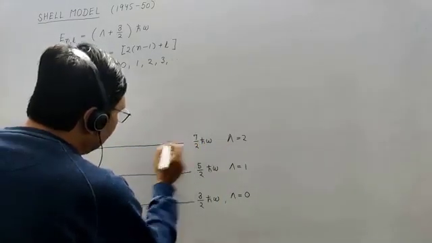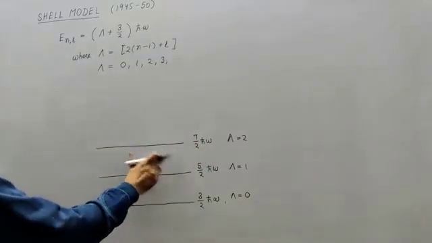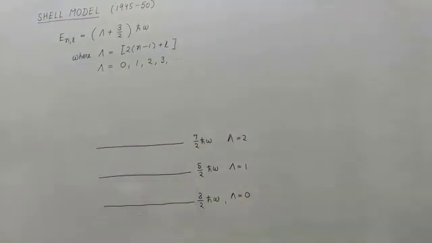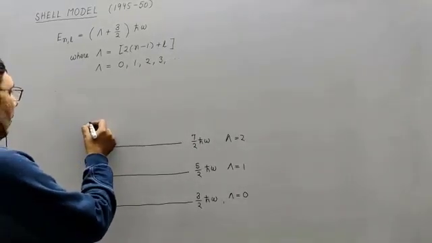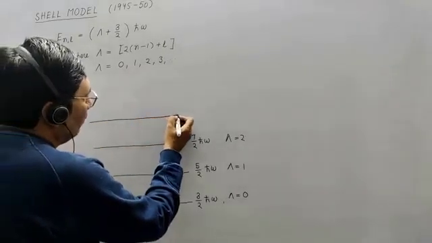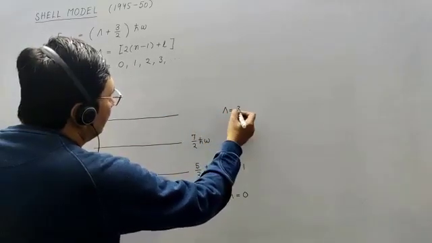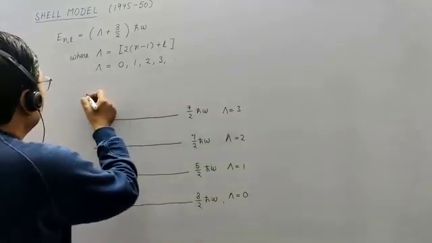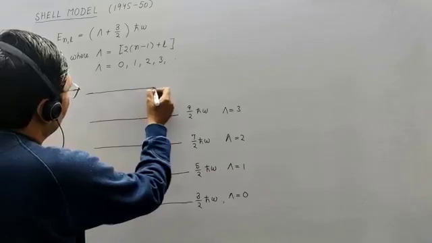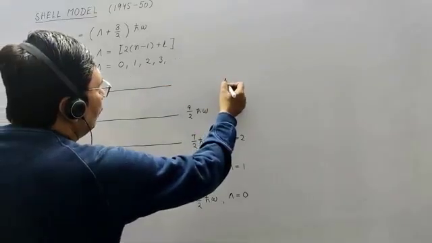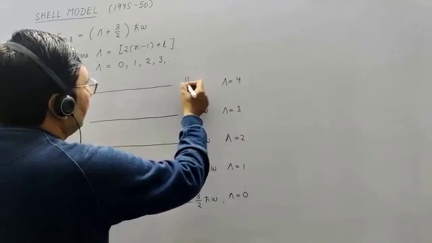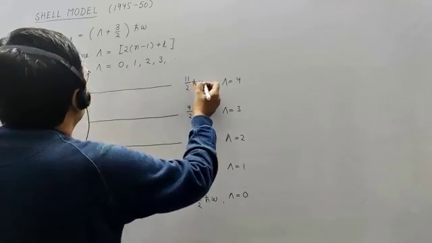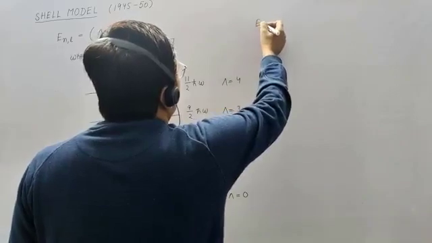The separation between these energy levels is h cross omega. Next is lambda equal to 3, which will be 9 by 2 h cross omega. Next will be lambda equal to 4, which will be 11 by 2 h cross omega. I am writing this expression here. This will be E_nl.